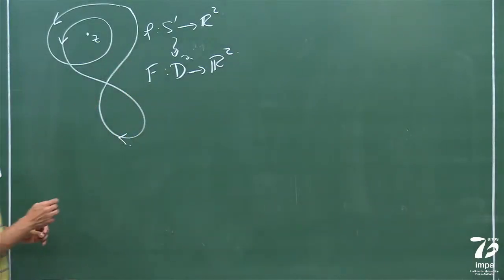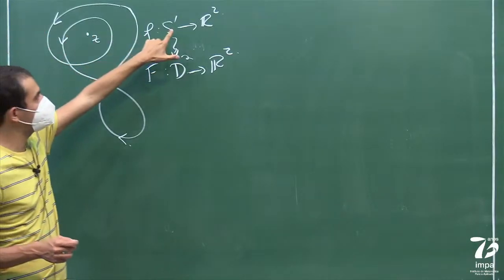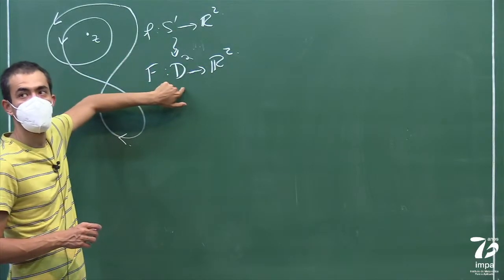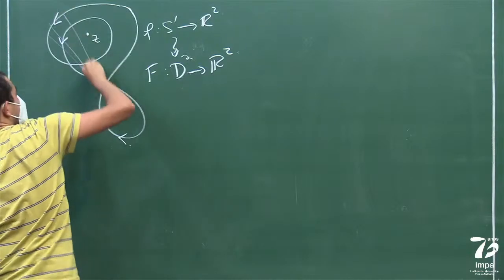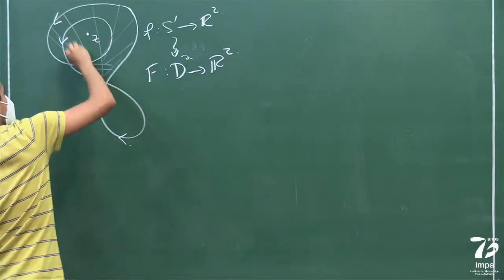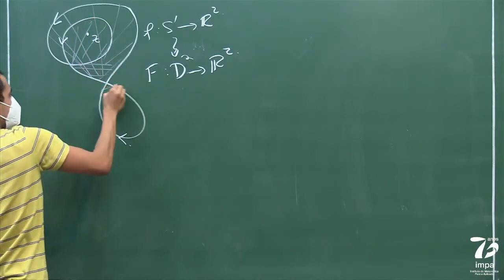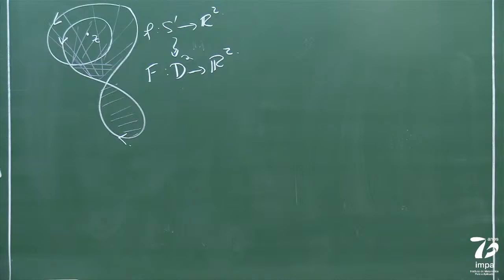And it's not hard to see actually that one way that you can do that is by just contracting the loop to a point, and that will give you an extension of the map from S1 to D2. Or you can think about a disk that comes here, goes like this, like this, and also has a part here. I mean, it's just a map.